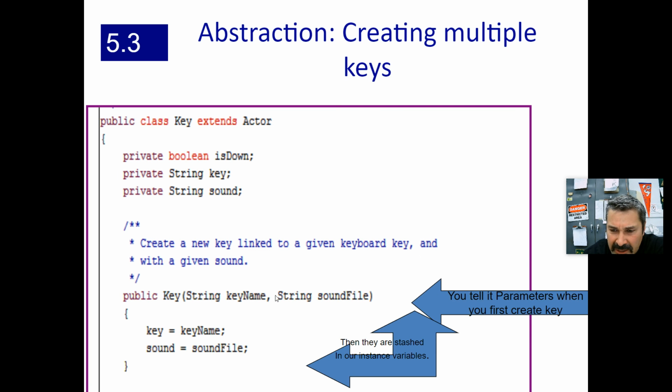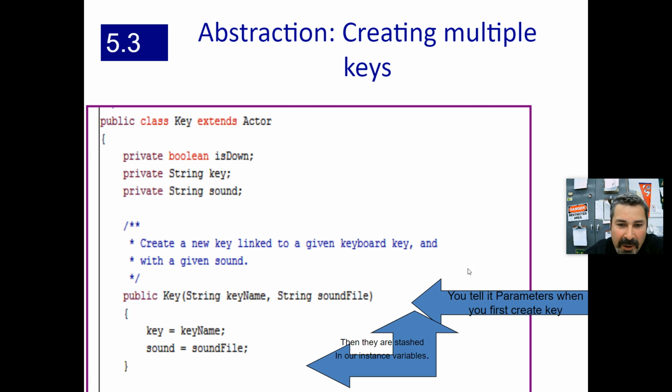So what happens is we send in the information. We store it temporarily in key name. We store the sound file name temporarily in sound file. The problem is these are going to delete, and we actually need these things permanently. So we stash them in our instance variable key and our instance variable sound. These last forever.